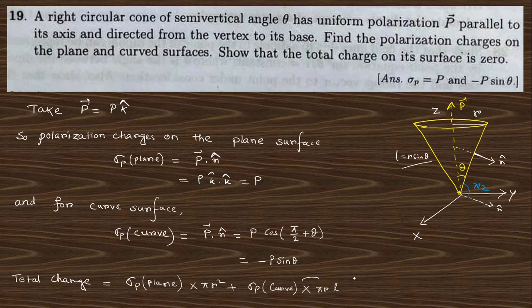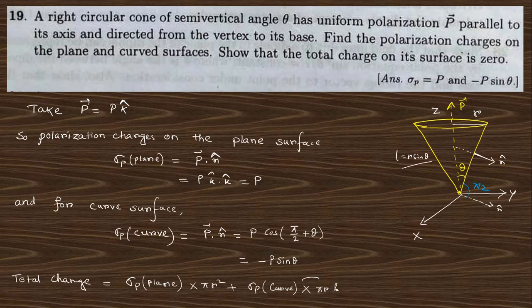The curved surface of a cone is pi r l. I think this is right, pi r l.